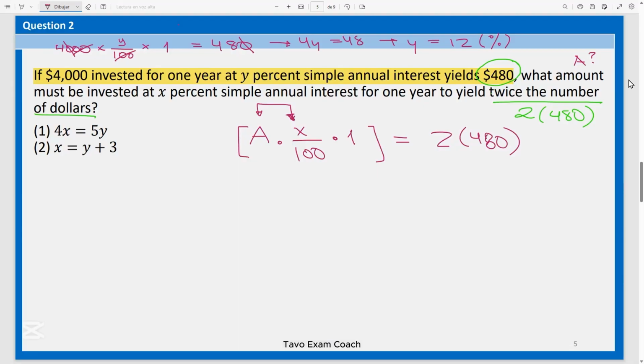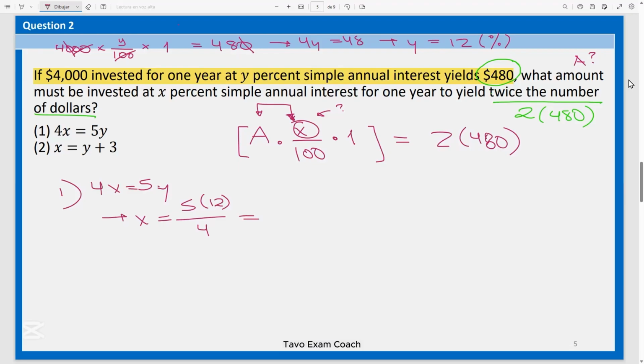So if I want to know the value of A, I need to know the value of X. But statement 1 that says x equals 5y can yield the value of x. X would be 5 times 12 divided by 4.